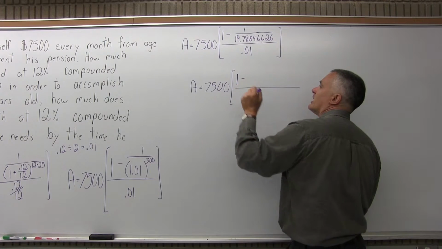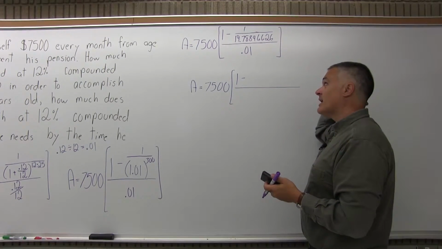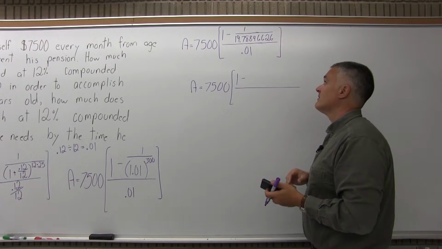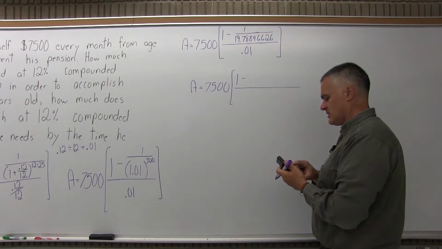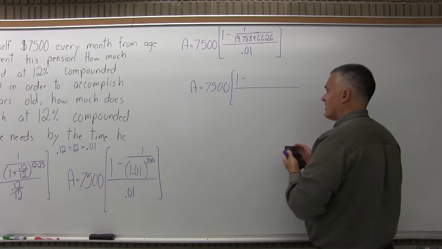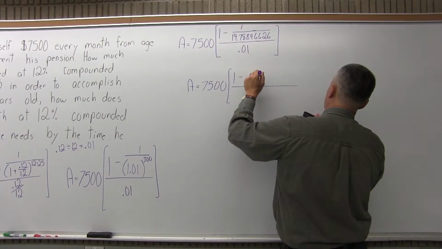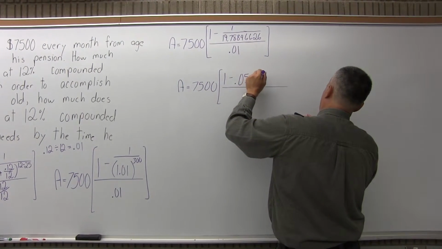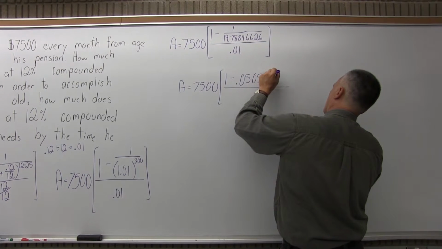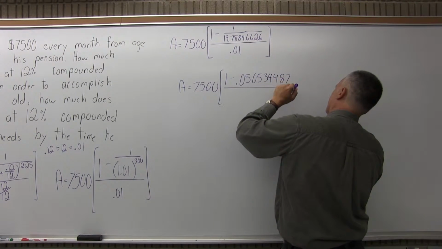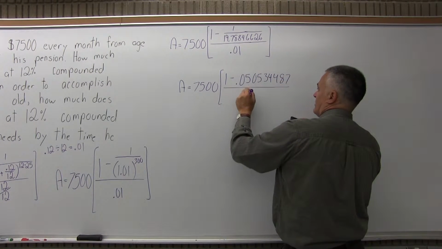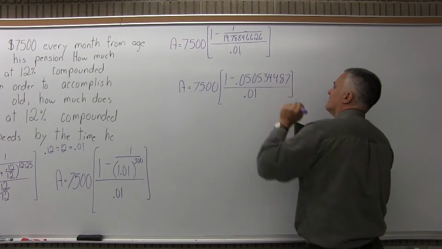In the numerator of the brackets, I have 1 minus, and when I divide 1 by 19.78846626, I get 0.050534487. And in the denominator of the brackets, 0.01 still.